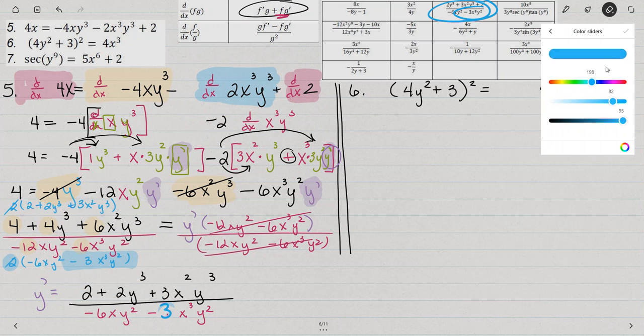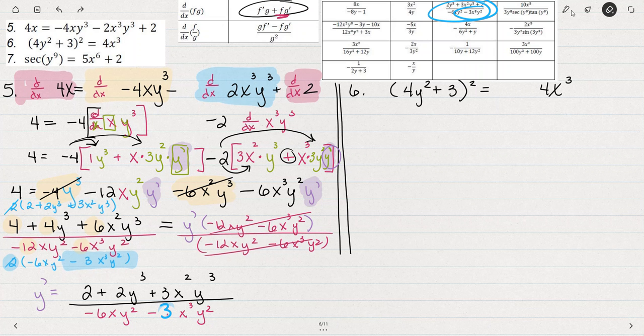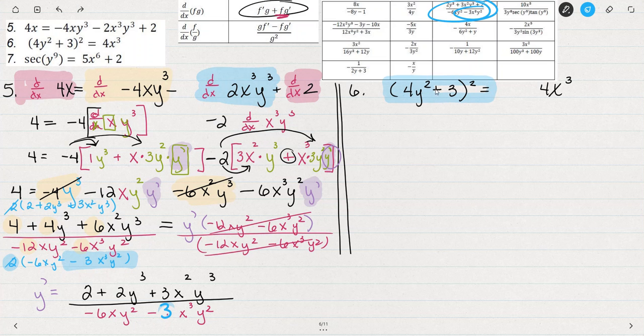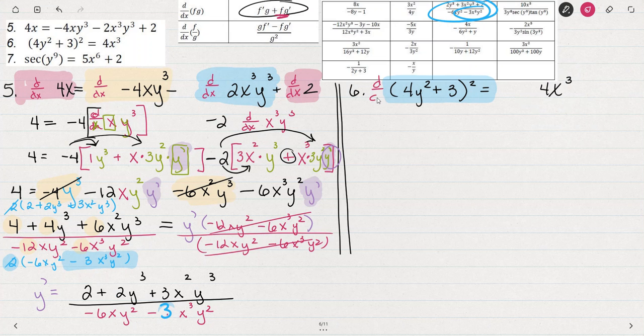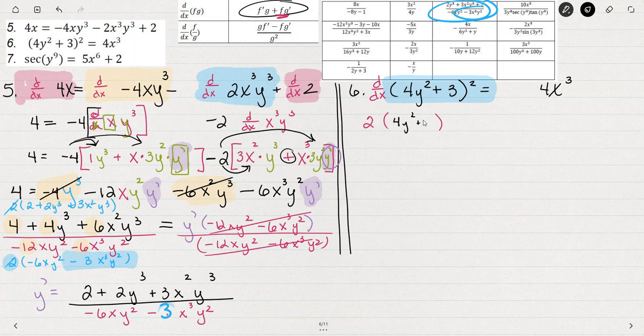So watch what's going to happen with this term on the left. When I do the chain for this quantity squared, when I do that derivative, I've got to be mindful of chaining and thinking through the derivative of the outer function is going to be 2 times this thing that's inside the bracket to the first power, right? And the thing that's inside the bracket is the 4y squared plus 3.